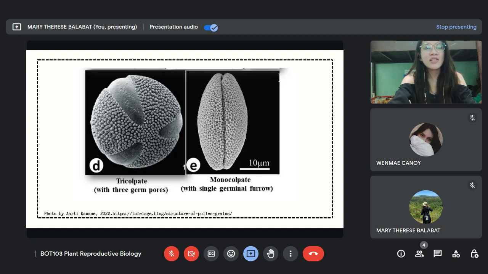The second form, the one-furrowed, has no visible effect produced at the sites of contact, but the stimulus forces the formation of the pore or furrow at the opposite side of the grain. And in the third one, the three-furrowed or tricolpate form, the stimulus induces the formation of a pore or furrow on each of the contact faces.